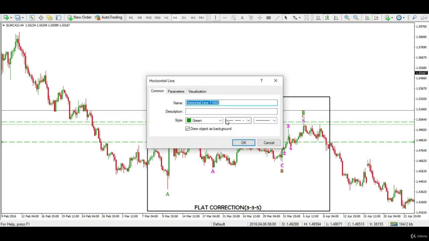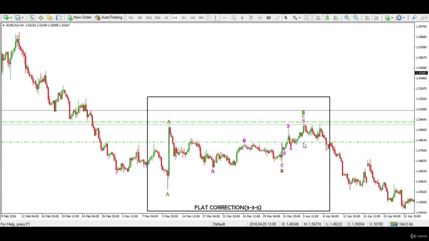Now the trade entry would be a sell position just below the first retracement that takes place to capture wave C in an ABC decline.